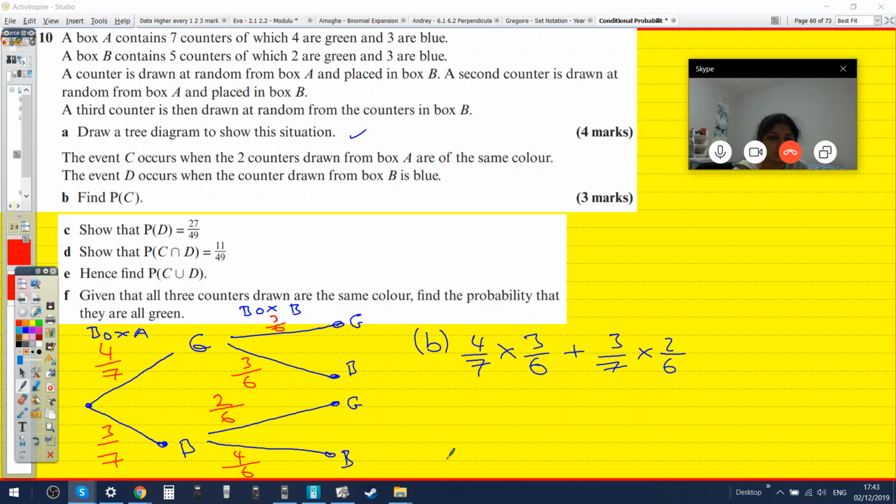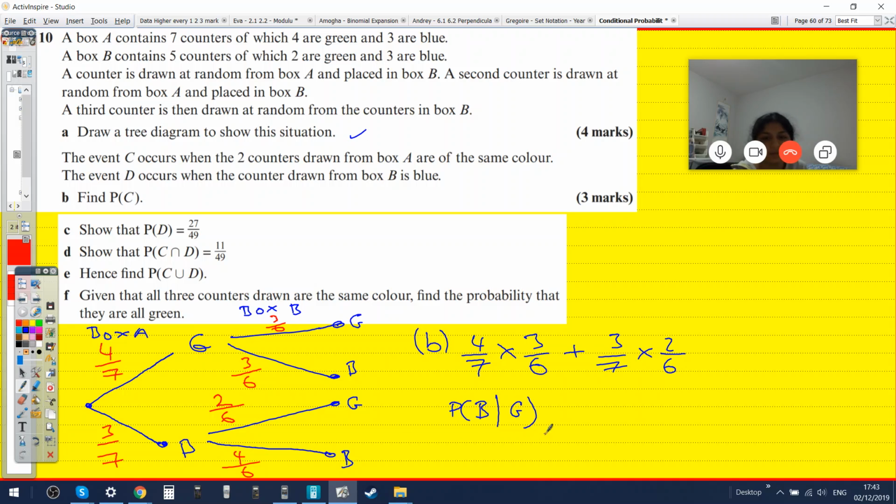The event D occurs when the counter drawn from box B is blue. Probability of getting a blue from B. 3/6. So I believe if you get a blue, that would have to be the probability of a blue given green. And what would be this blue down here?